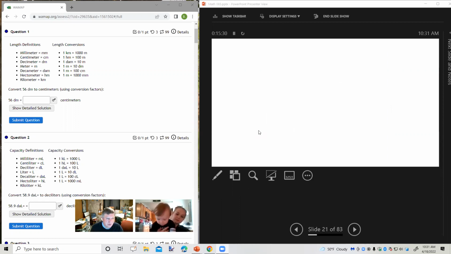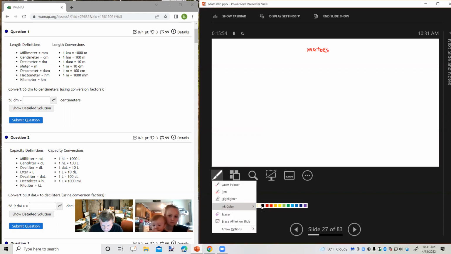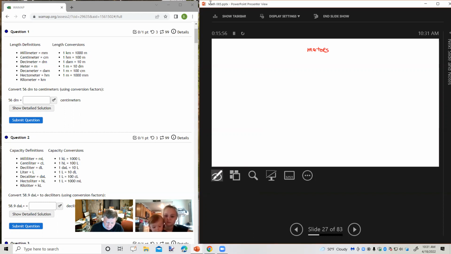So in the metric system, units of length are meters.